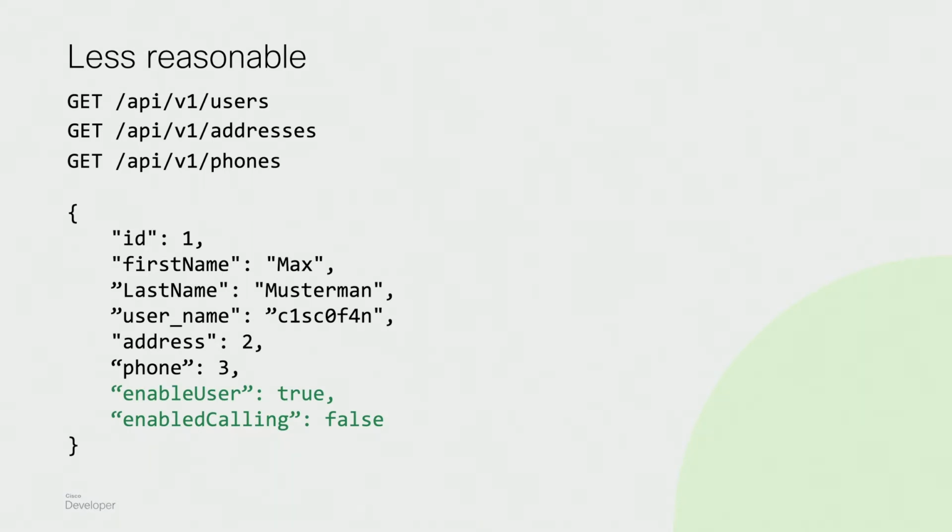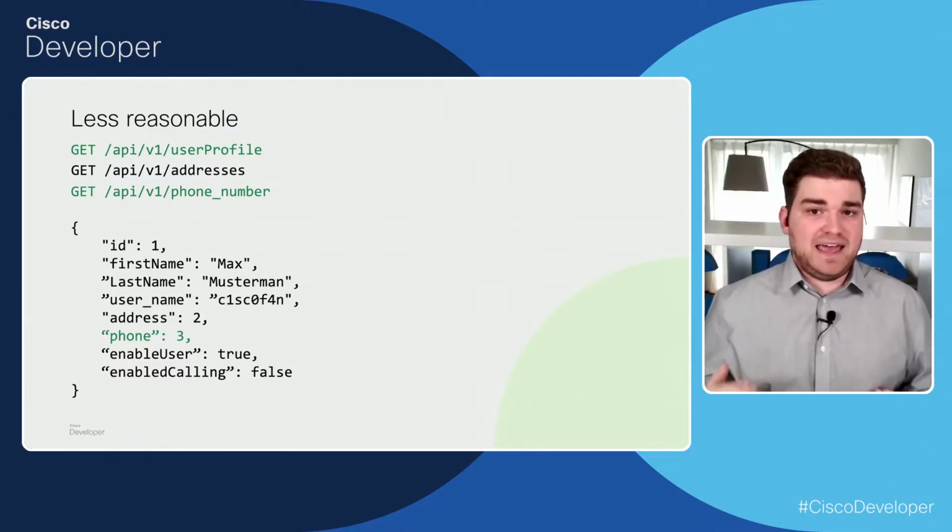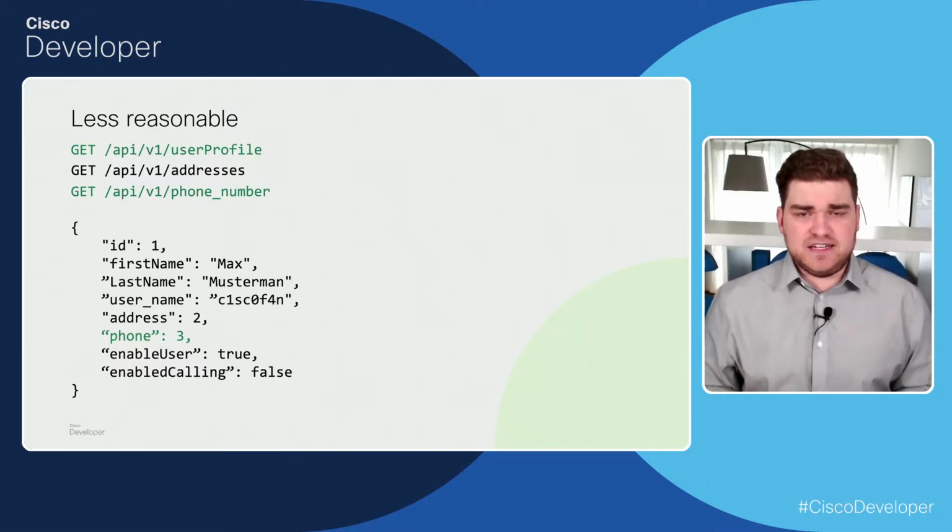And then we can also introduce inconsistencies between our API endpoints, right? And the names of the properties and the way that we name the API endpoints. In this case, I have renamed users to user profile, where best practices would have us use the plural, so user profiles. I still have my addresses, which is correctly in that sense named.